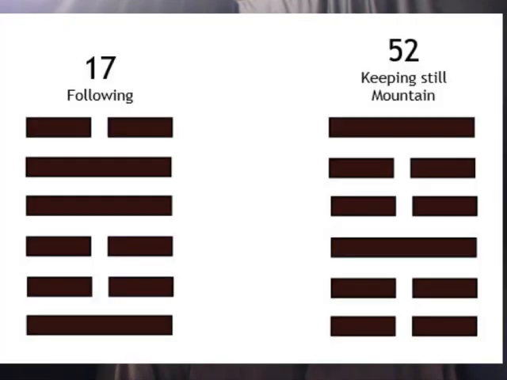So I said to myself, why don't we just go online and have the computer give us two random numbers between 0 and 64, and then those two numbers will be the two hexagrams. Let's pretend that the computer gave us 17 and 52. So here are the two hexagrams that correspond to 17 and 52.